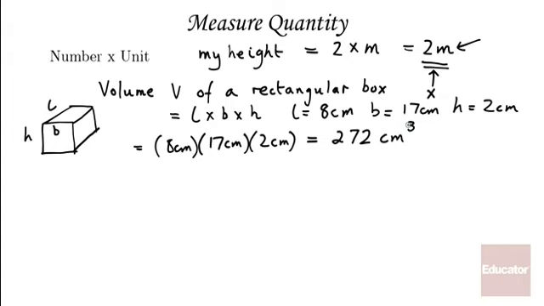Let's do another example. Let's calculate the density of a sphere of some material. Here is a sphere, and I have its diameter, which I've measured as 2 centimeters.